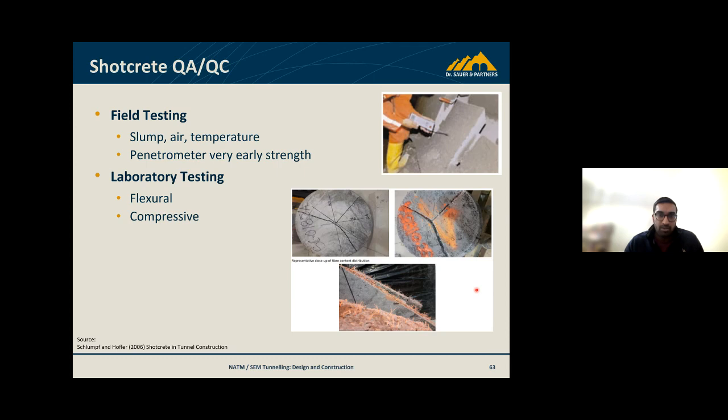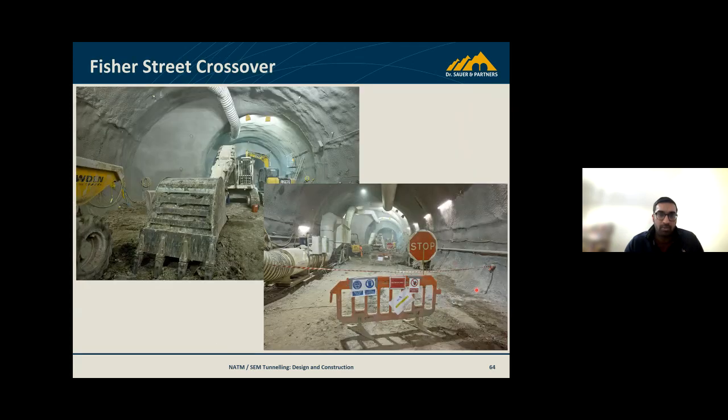These are some pictures just from a crossover that I was part of on the Crossrail project. The sequencing for these types of tunnels is quite interesting as well, whereby the platforms are essentially enlarged and then you drive smaller drifts along the side to create a crossover tunnel, which then links to the other running tunnels.